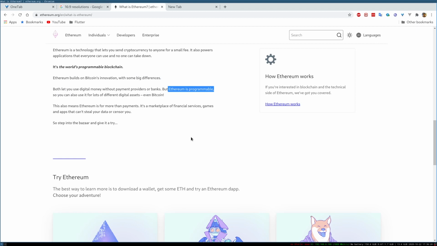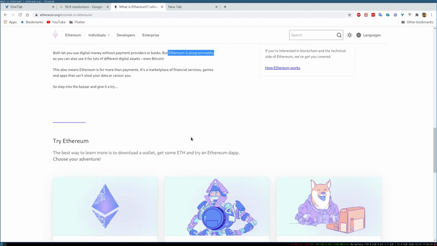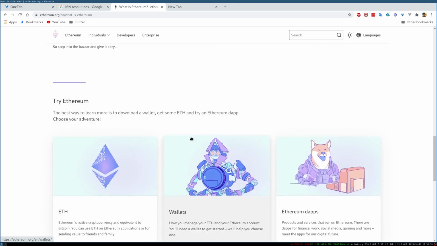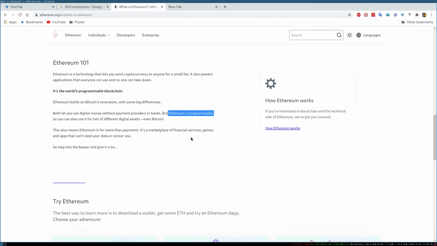What does it mean? So first of all, what do they build on Bitcoin?